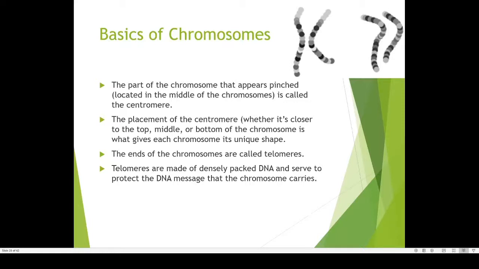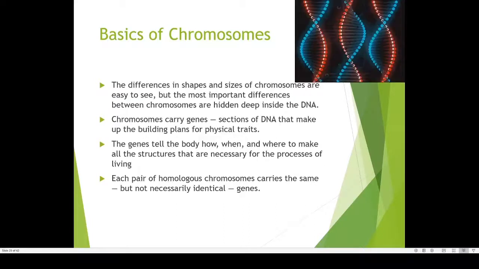The ends of the chromosomes are called your telomeres. Telomeres are made of densely packed DNA and serve to protect the DNA message that the chromosome carries. So they protect it so that they are able to transfer it or transmit it, or for the body to actually utilize the DNA.